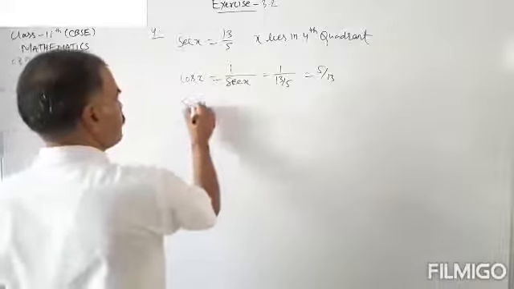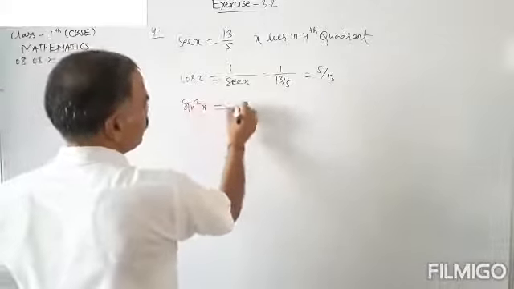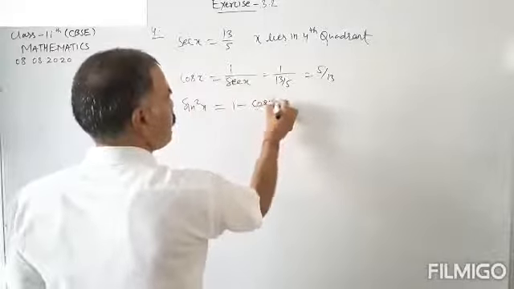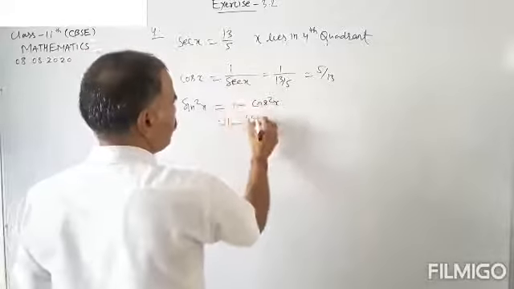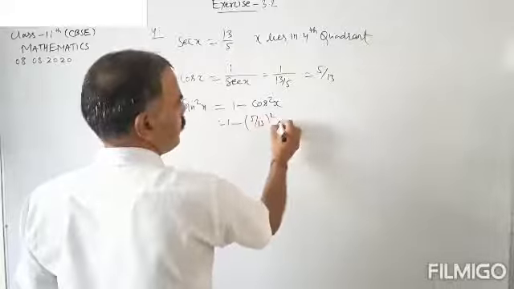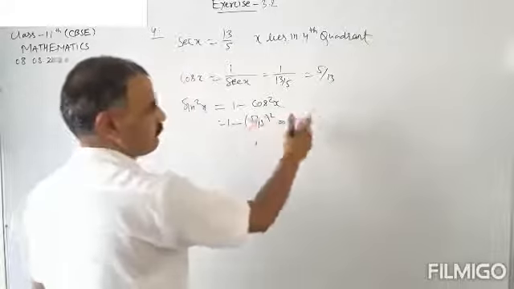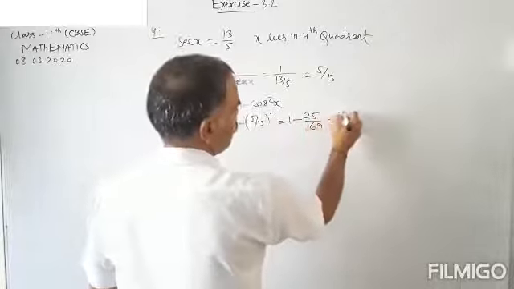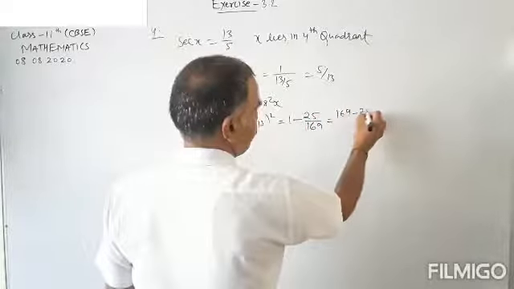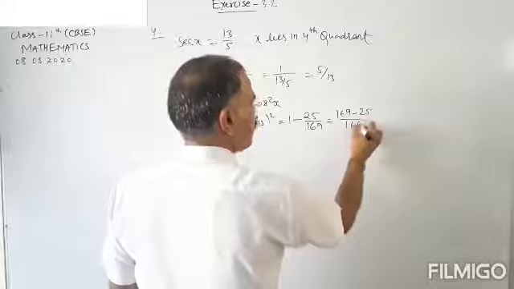Sin square x is equal to 1 minus cos square x, that is 1 minus 5 upon 13 whole square, which is 1 minus 5 square upon 13 square, equal to 169 minus 25 upon 169.